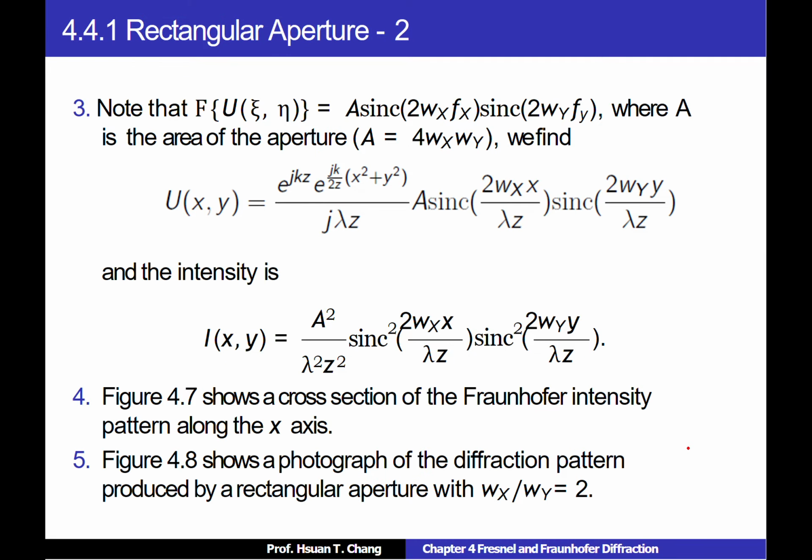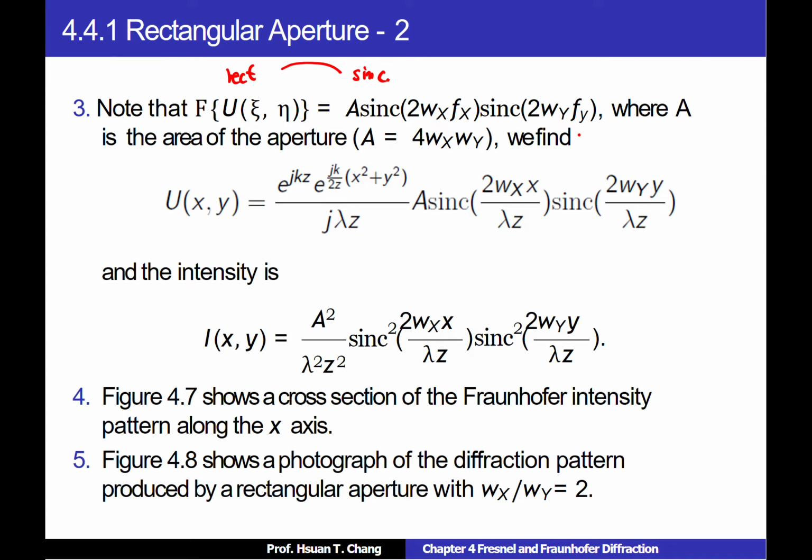If you do the Fourier transformation, the rectangular function becomes a sinc function. So for the case of xi and eta, we have a rectangular function on the xi axis and a rectangular function on the eta axis, and then we get this relationship.